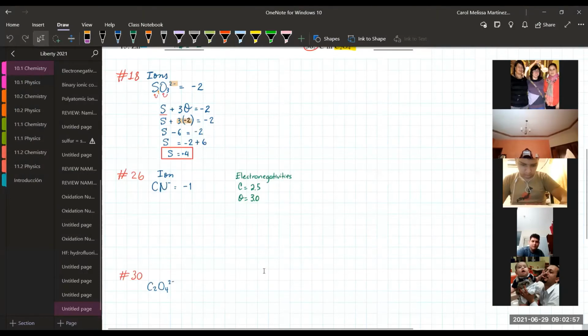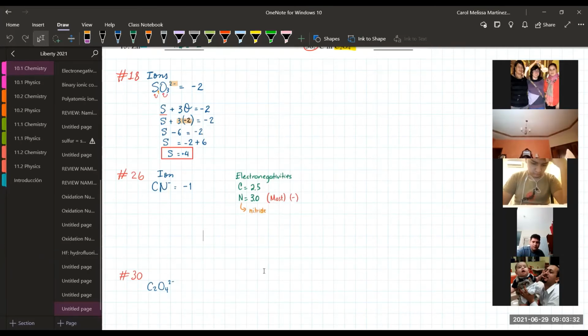Okay, so the rule says that the most electronegative, which in this case is, sorry, it's not oxygen, this is nitrogen, is the one that is the most electronegative. So the rule says that for the most electronegative, you're going to be using the negative oxidation number. So this is, in other words, the same as having, instead of nitrogen, the nitride ion.